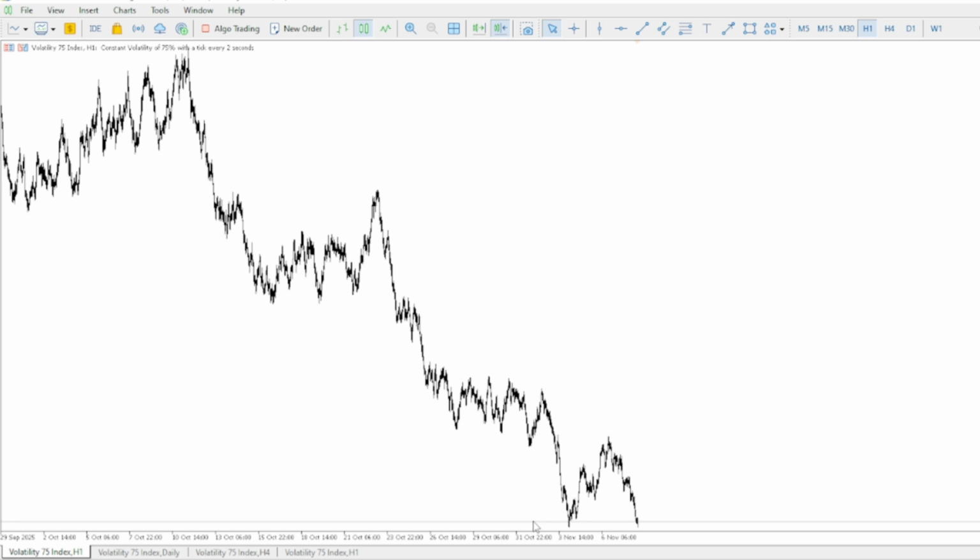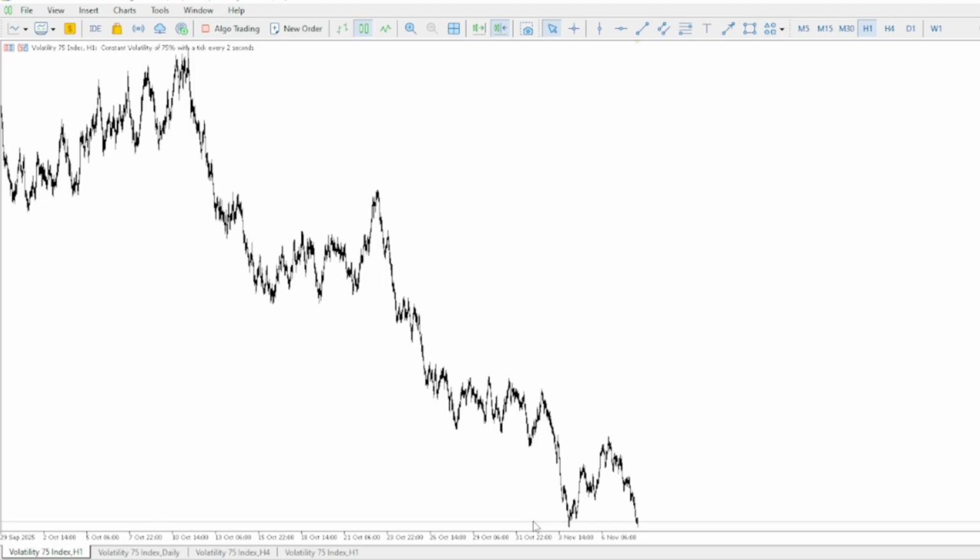So first of all you want to know the time frame you want to analyze your chart from. The time frame is the first important thing you need to look out for, and for you to get a very accurate view, or maybe a clear view of the market, you have to start from the higher time frame, which is the bigger picture, because the higher time frame is what drives the lower time frame.